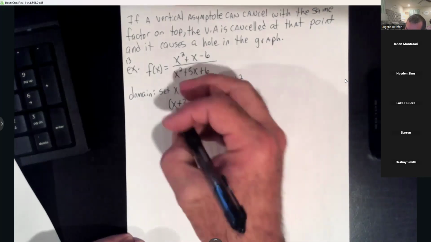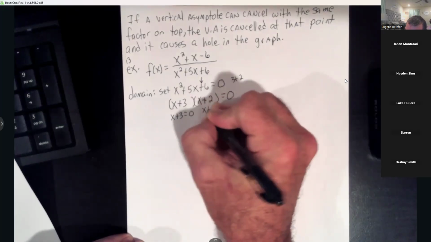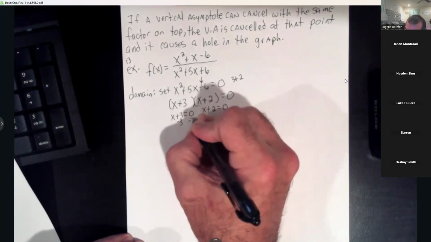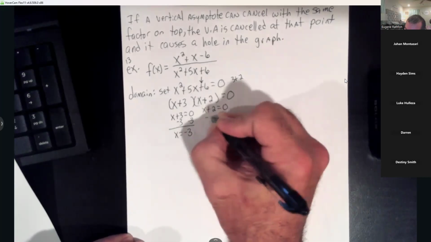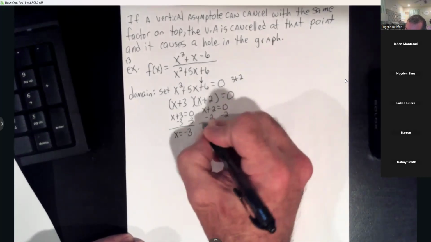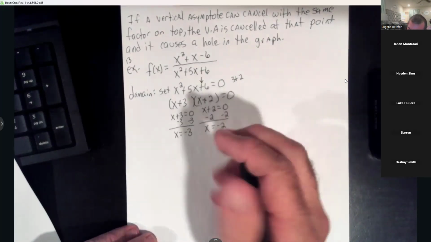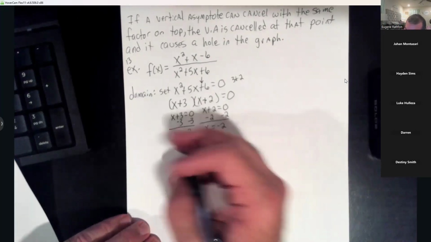Now, set both of these equal to 0. And we'll solve them by subtracting 3. I get negative 3. Subtracting 2, I get x is negative 2. So remember, my domain has to be in interval notation.